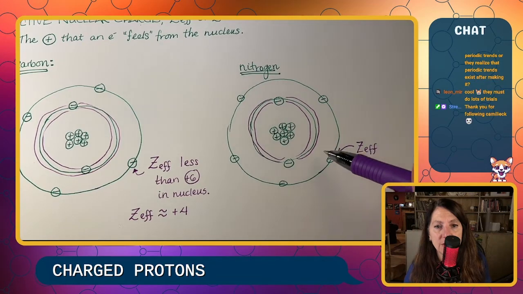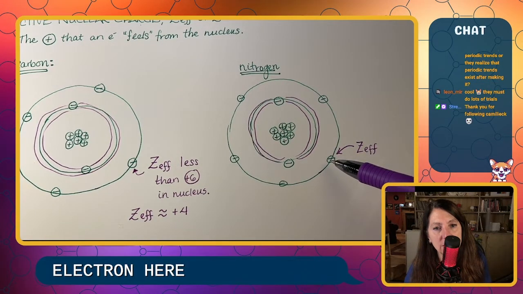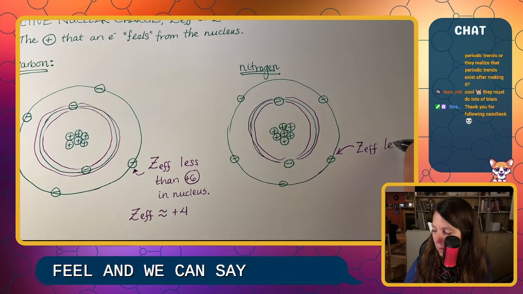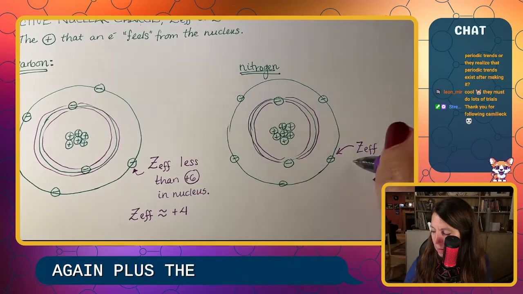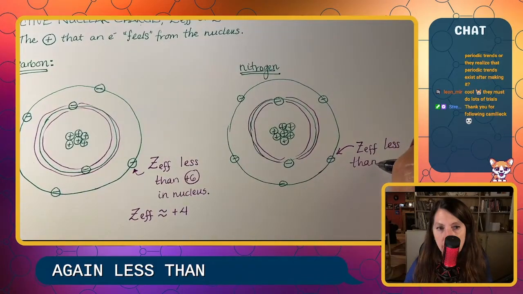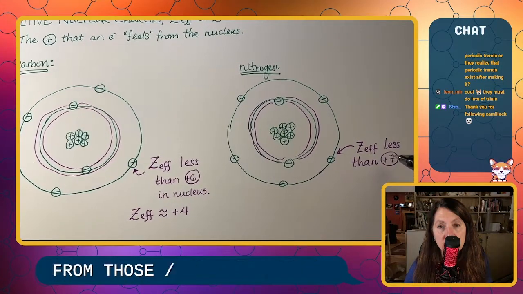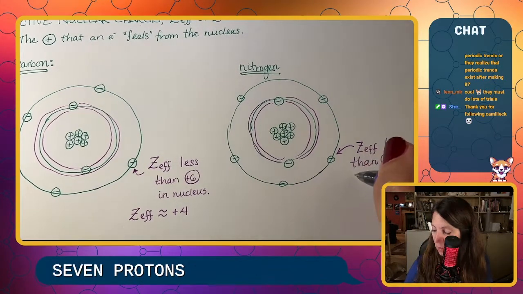So this electron is going to feel less than the +7 charge from those 7 protons in the nucleus.